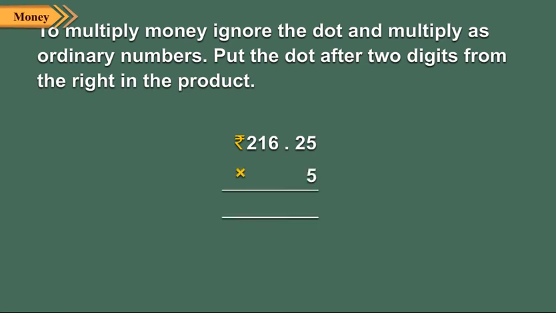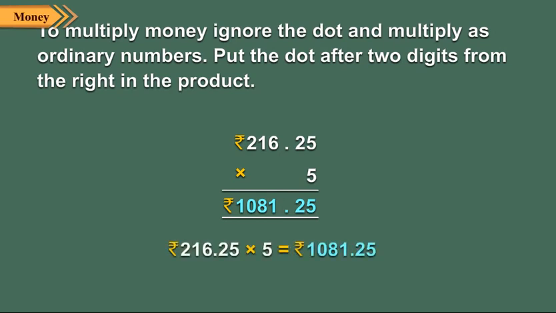We arrange the multiplicand and the multiplier as shown here. Ignoring the decimal point, we multiply as usual. Finally, put the dot after 2 digits from the right in the product. So the required product is rupees 1081.25.